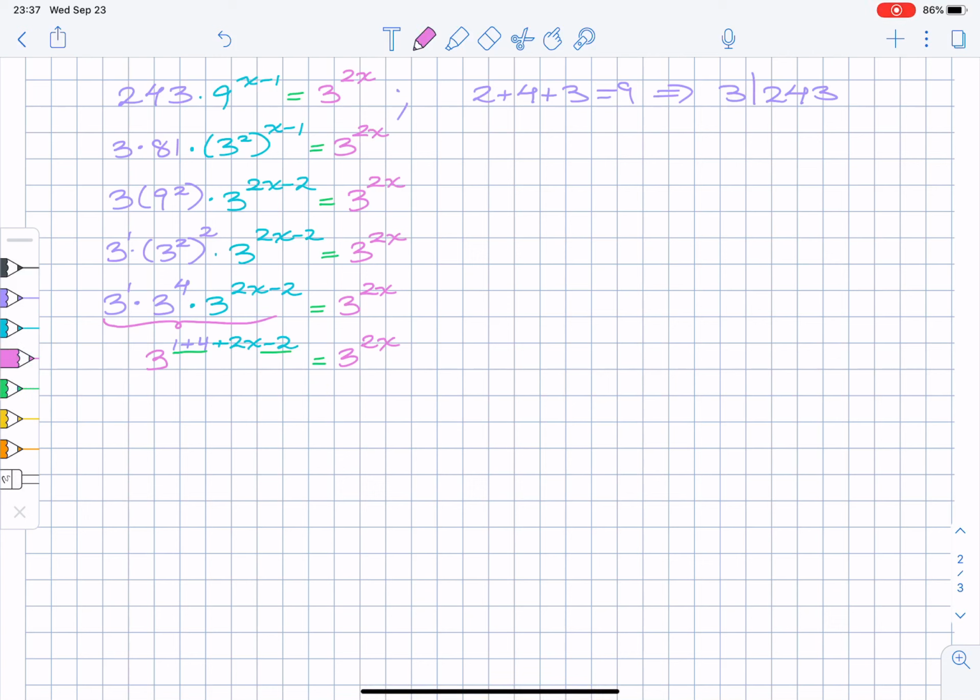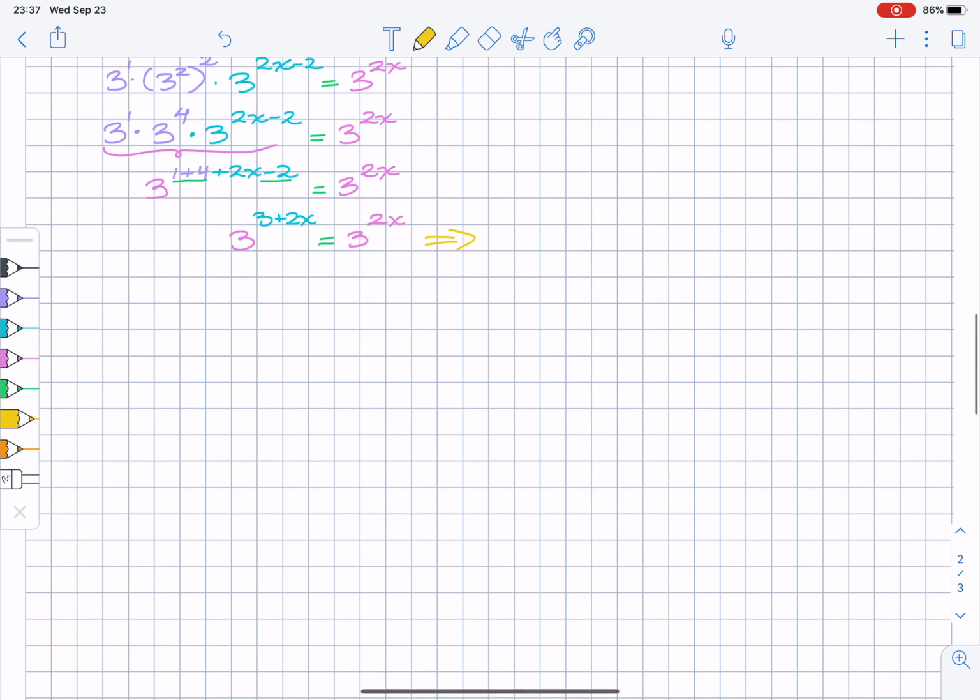I get 3 to the 5 minus 2 is 3. So this is going to be 3 to the 3 plus 2x is equal to 3 to the 2x. So I can finally equate exponents using the one-to-one property of exponents. So I get that 3 plus 2x is equal to 2x.